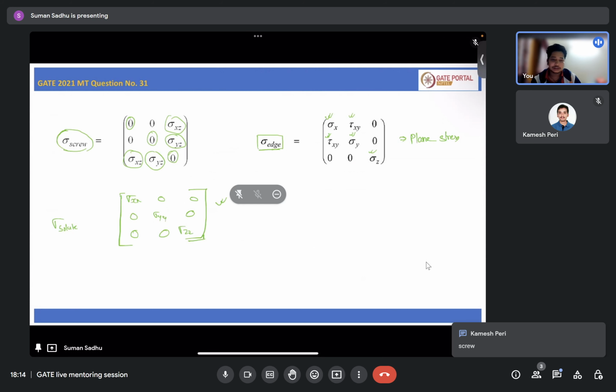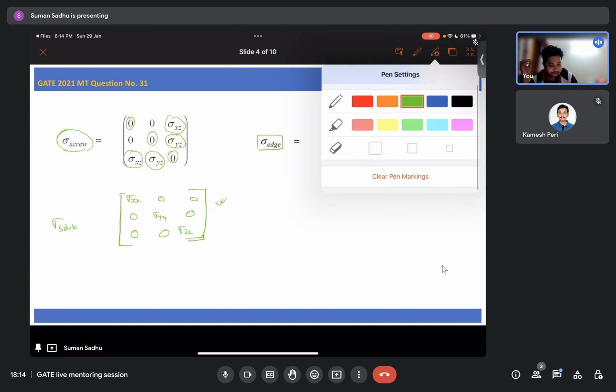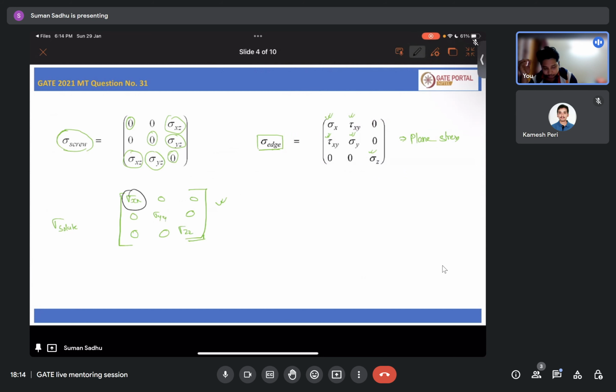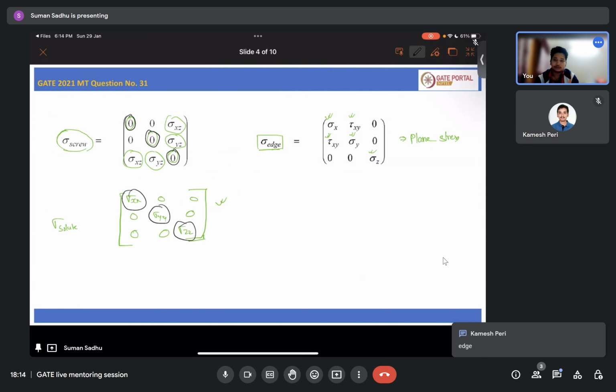No, it will not interact with a screw dislocation. As you can see here, it has only the hydrostatic component of stress. But in case of a screw dislocation, there is no hydrostatic component of stress. So how can it interact with the screw dislocation? It cannot, as a screw dislocation doesn't have any hydrostatic component of the stress field. It only has the shear component.